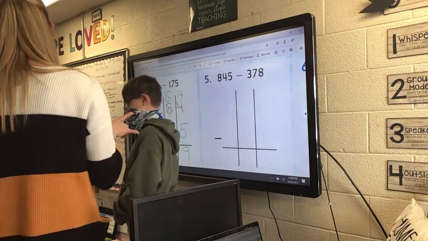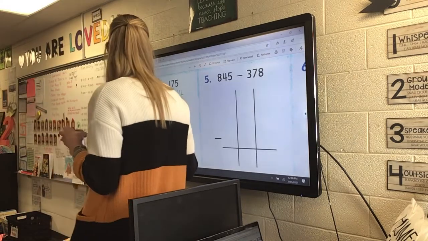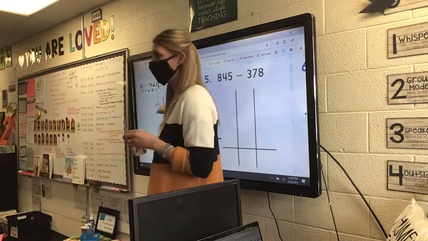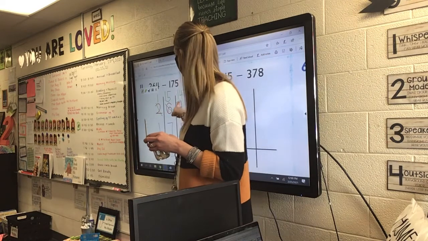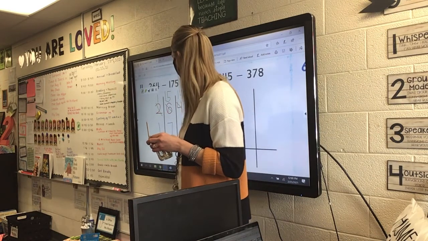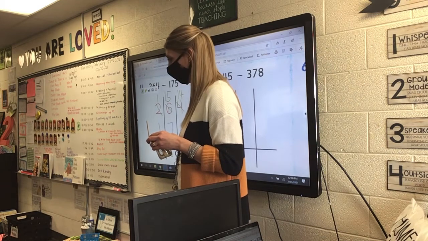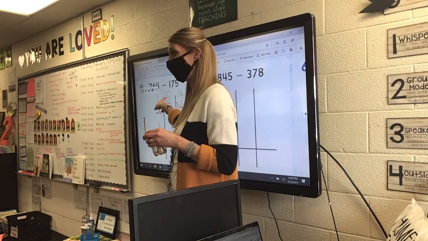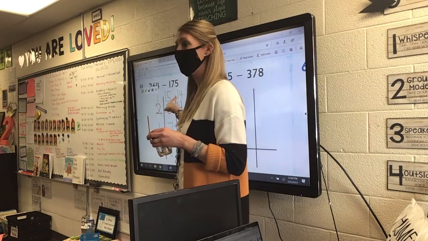So Braylon, you got that perfect. Why don't you go write on your paper and I will explain to the kids. Braylon did a great job. He needed to borrow. Carson, are you doing bigger bottom, better borrow? Cross that off. The 6 becomes a 5. This 4 becomes 14.